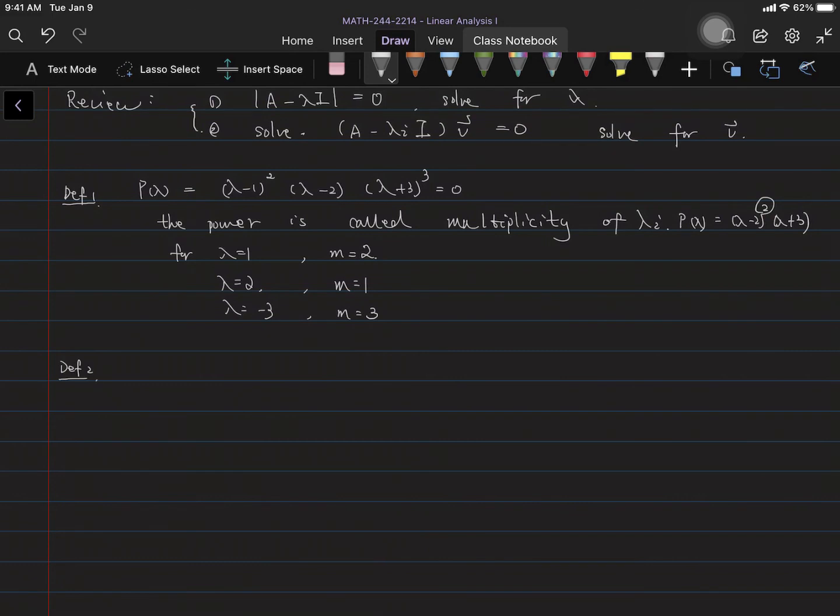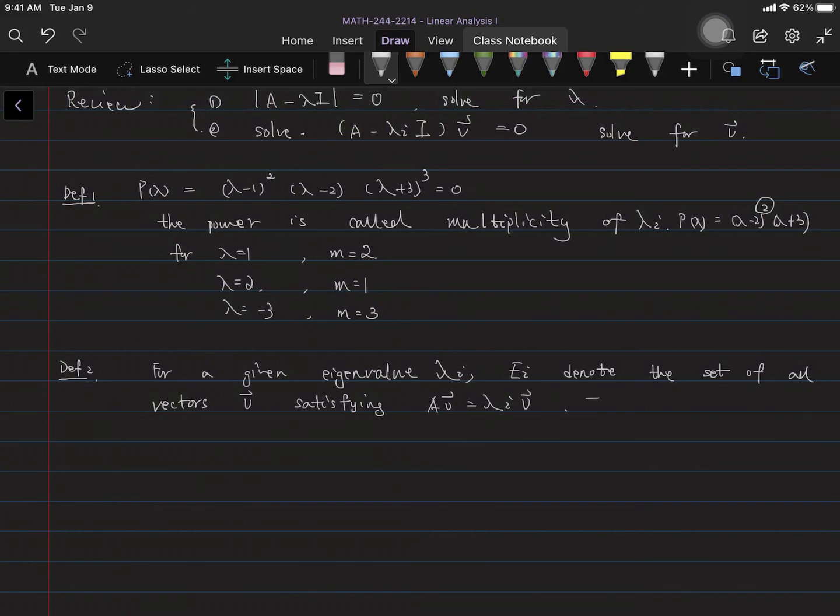Now let's take a look at definition 2. We have a matrix A. For a given eigenvalue lambda I, we write down E I to denote the set of all corresponding eigenvectors, that is, the set of all vectors V satisfying AV equals lambda I V. So actually it just means the corresponding eigenvectors. Then E I is called the eigenspace.